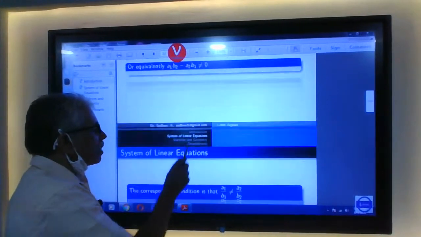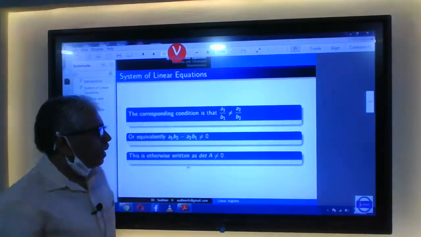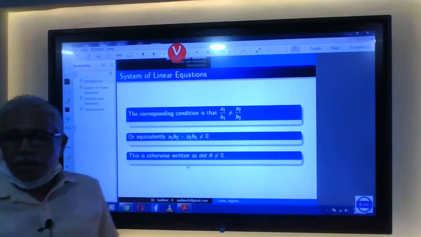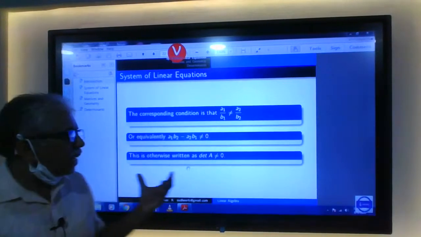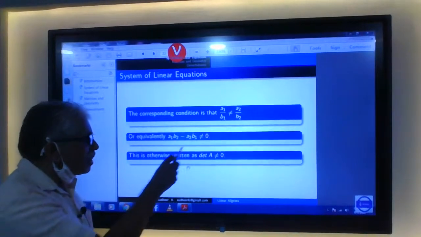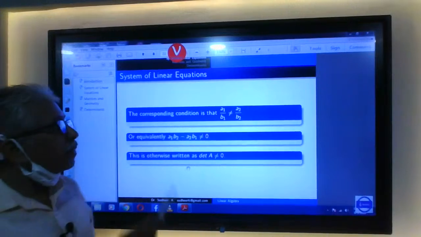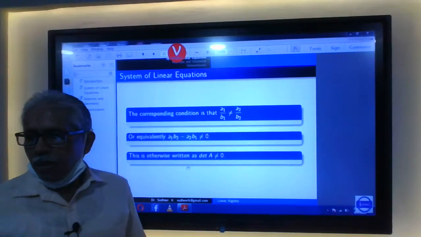And that is otherwise written as A1 B2 minus A2 B1 is not equal to 0. And what is this quantity? This quantity is the determinant of the coefficient matrix.